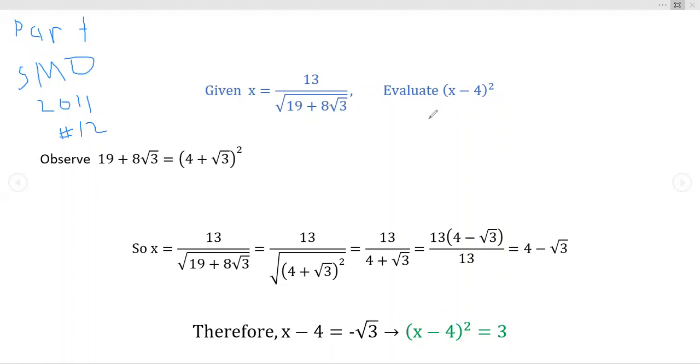Now, just to show you what I tried, I've already got the answer, but here I just did brute force. I did x minus 4 just directly. We're given x, so x minus 4 is equal to 13 over the square root of 19 plus 8 root 3.